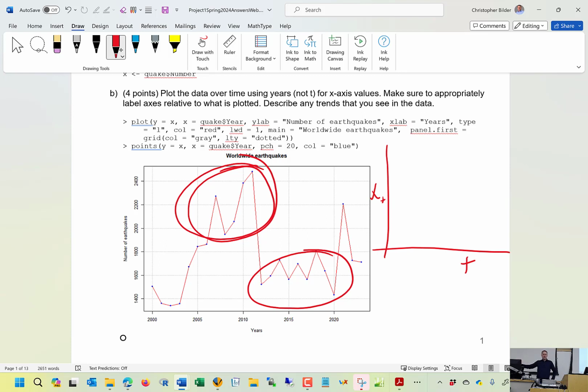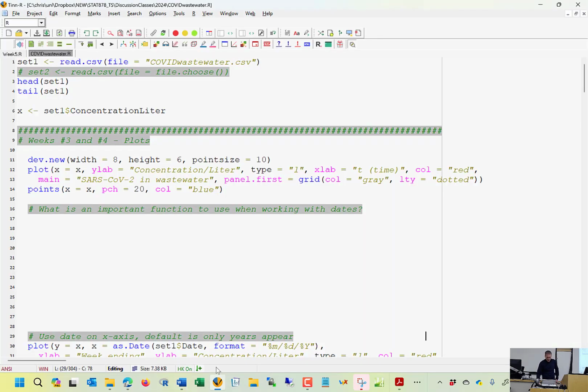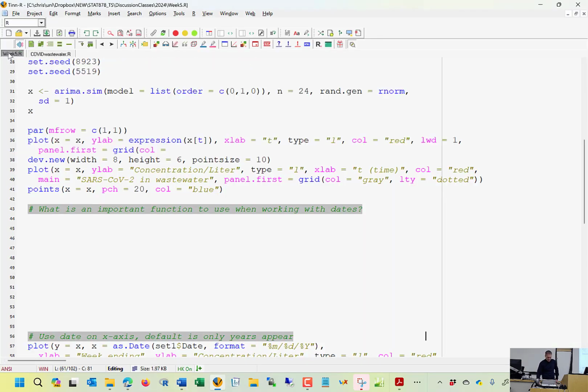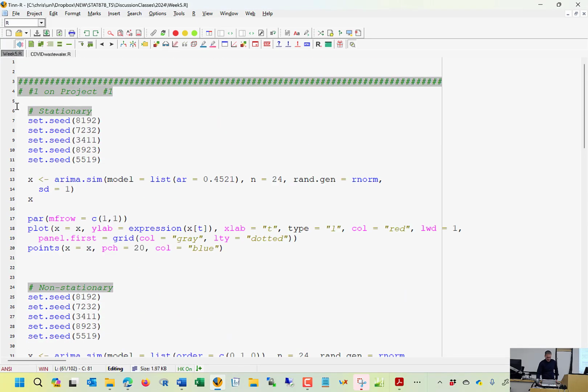Okay? Now let's look at this a little bit further too to help emphasize the point. What I've done here is I'm going to use the ARMA.sim function to simulate some observations. ARMA.sim is only going to be able to simulate data from a stationary series. Okay?